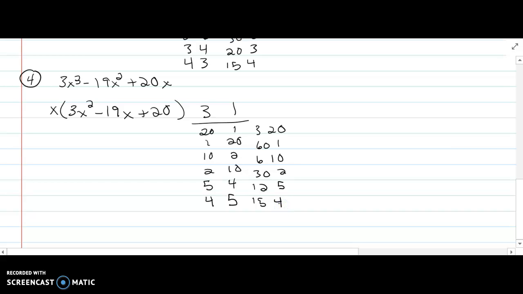Well, I'm trying to get to a negative 19, so I can get there if I make both of these negative here, which makes both of these negative here. There's my combination. So then I have, bring down this x still, so I have 3x minus 4 and x minus 5.